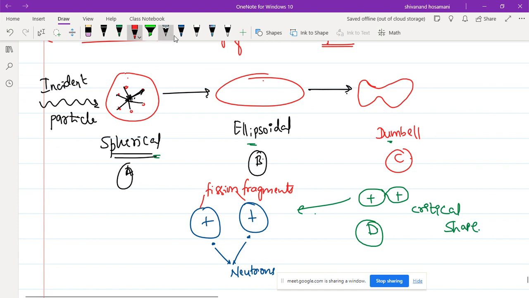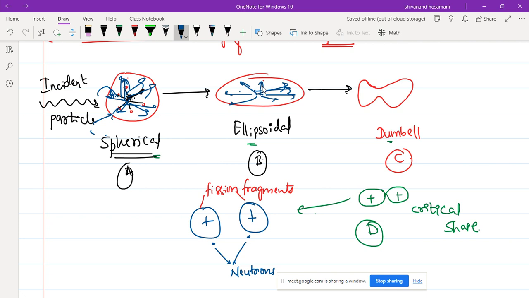Due to the entry of the incident particle, there will be oscillations in the nucleus. Here the nucleons are going to oscillate in the nucleus. Therefore, that shape is going to be ellipsoidal.